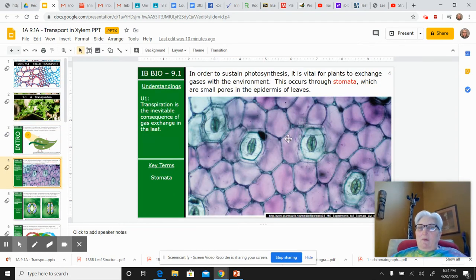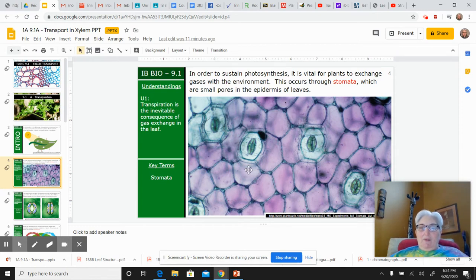All right, so now in order to really understand photosynthesis and what is going on, we see these cells here, and we see these guard cells that are harboring what we call a stomata. A stomata is like a pore in the leaf of a plant.